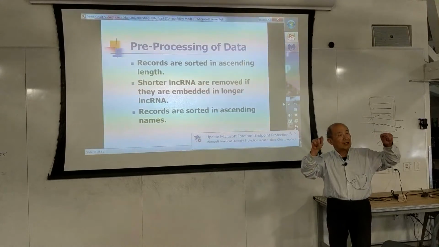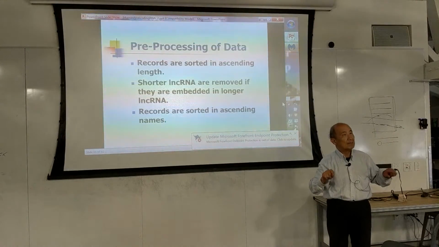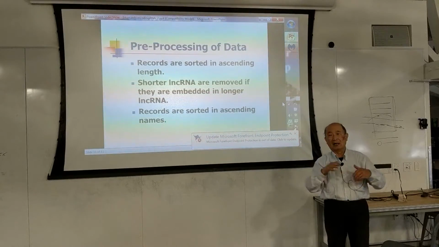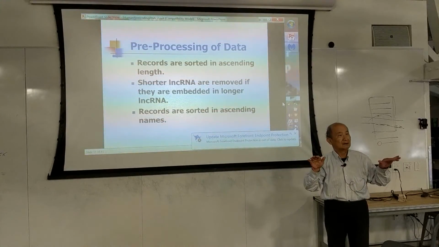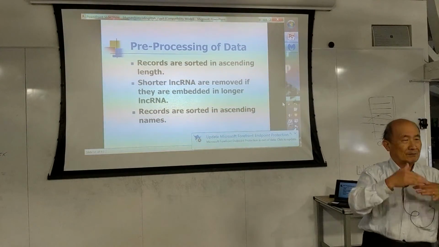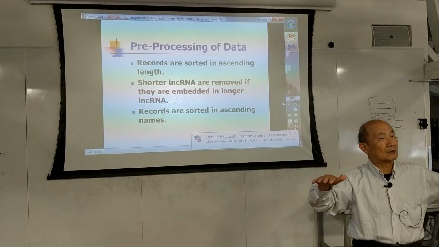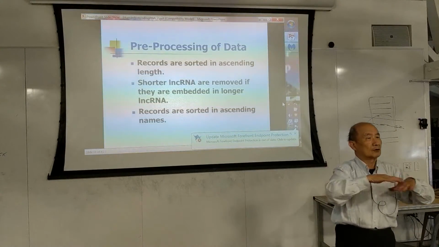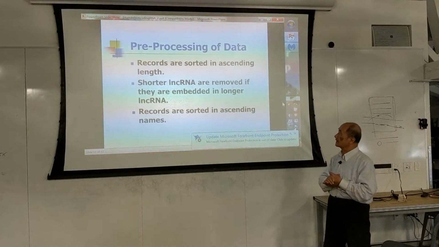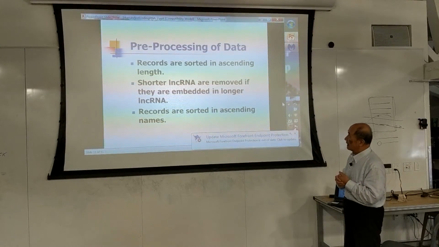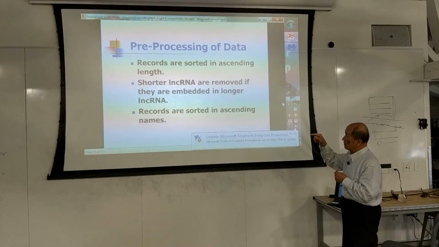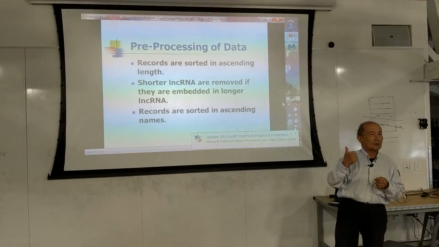If it is, I just throw it away, because the information is in the bigger one, so I can afford to throw away the shorter one. This is very nice, and going through this process I can throw away almost 10% of the RNA in the databases.